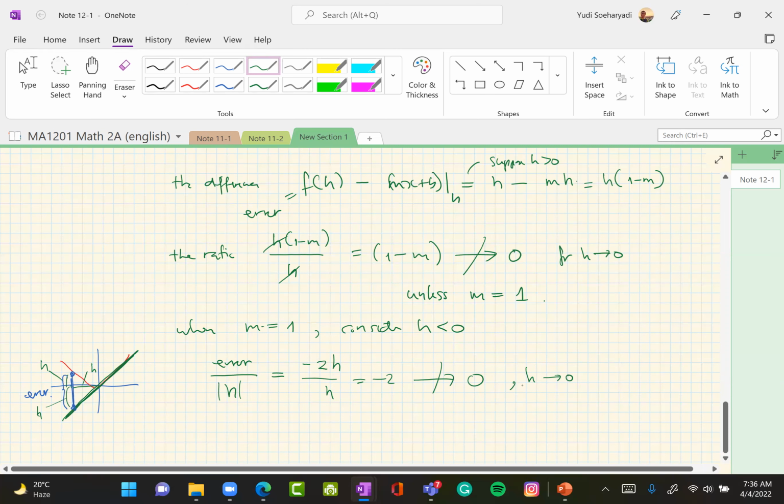Okay, so the conclusion is that in this problem the error is not much smaller than h. Therefore, not differentiable.